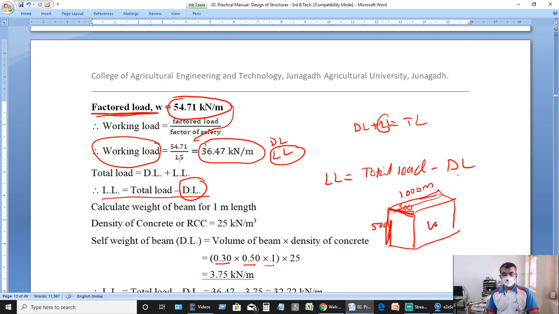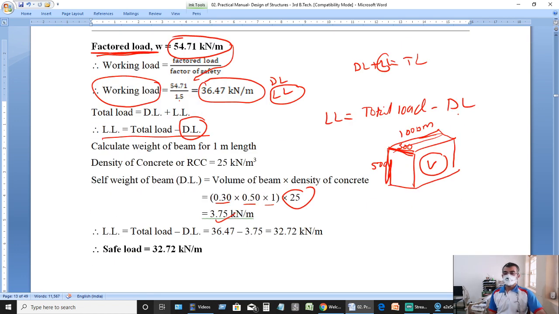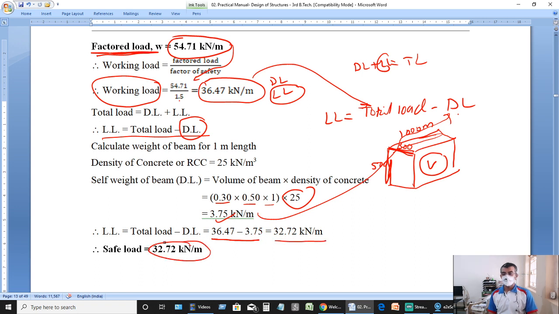That is the volume of the beam for 1 meter length, into the density of the concrete, and that will give you the total self weight or the dead load. Now the total load is 36.47 and the dead load is 3.75. So 36.47 minus 3.75, that will give you the safe load. So this is how you can find out the safe load.